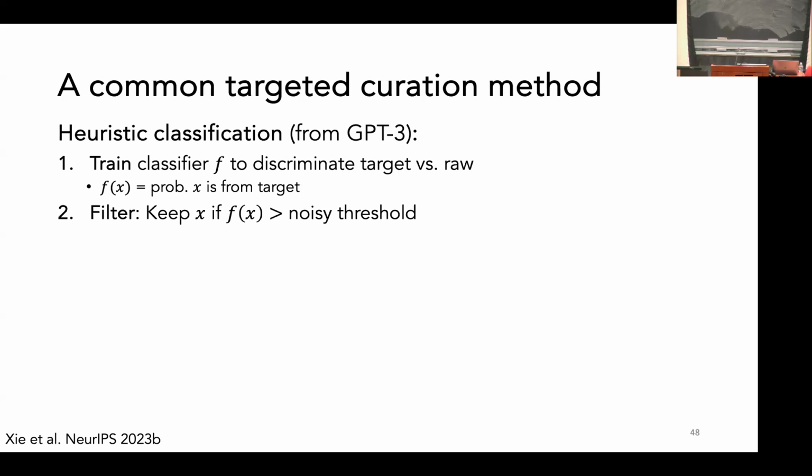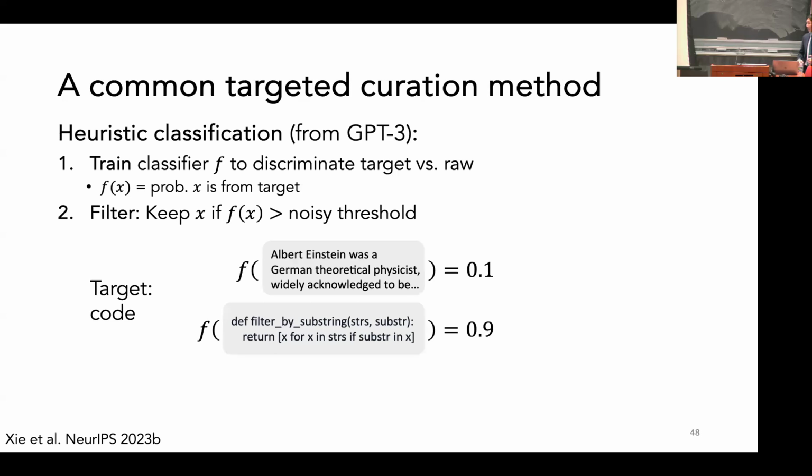Then in the second step, we use the classifier to filter the raw data. So they'll keep the raw example X if F of X is greater than some noisy threshold. This threshold is noisy just to introduce some diversity, and the noise distribution is a hyperparameter in this method.